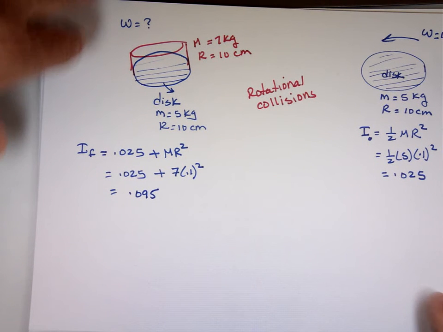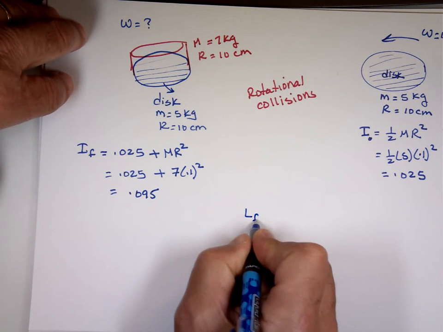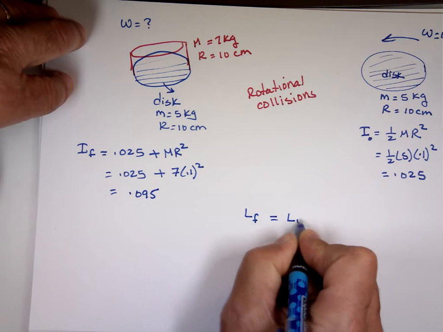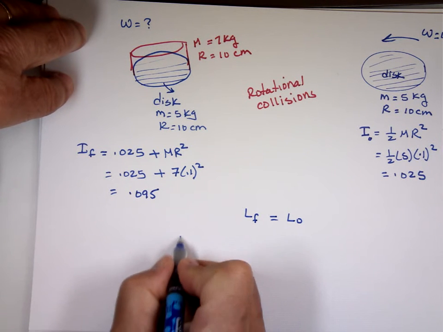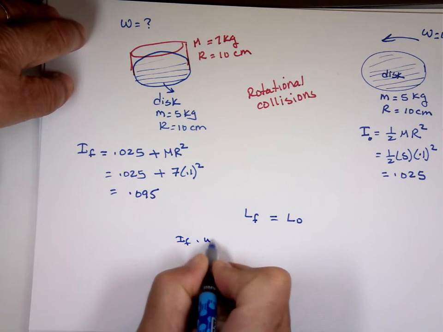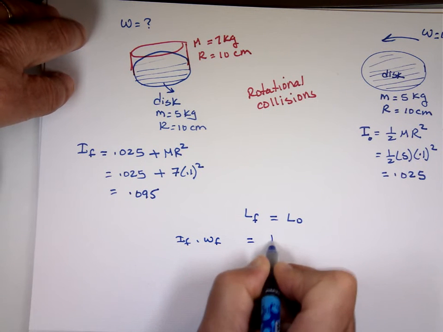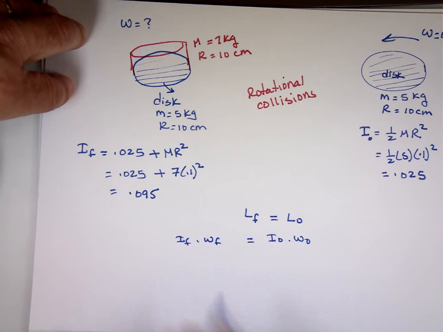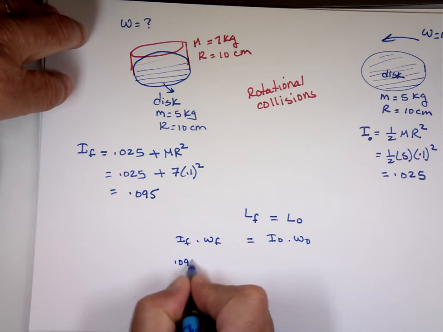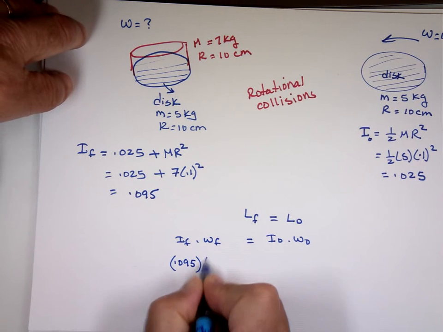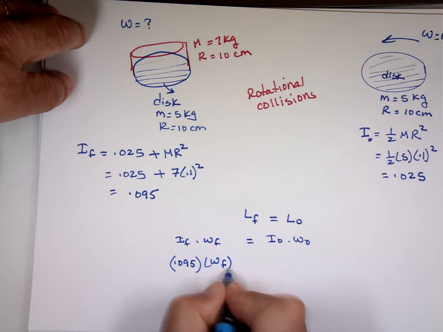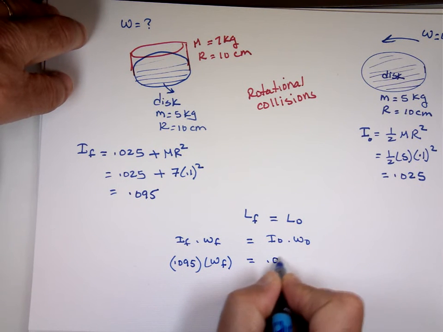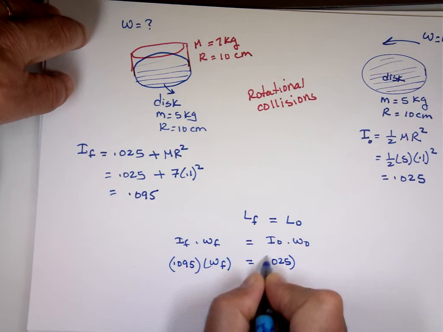Again, final angular momentum equals initial angular momentum. I final, W final equals I initial, W initial. I final is 0.095, W final, I initial 0.025, W initial was 10.